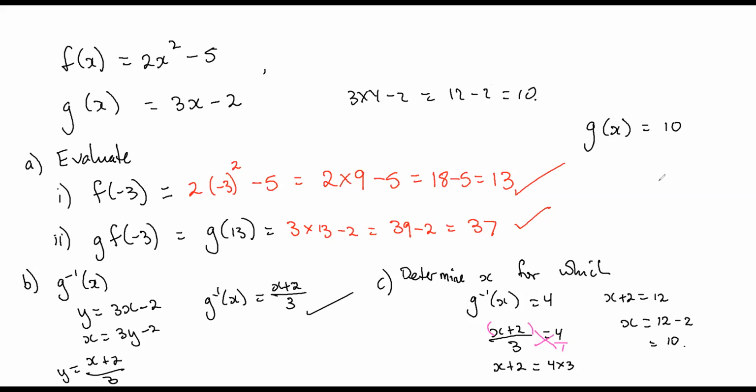I'll have put 10 is equal to 3x minus 2 and then get 12 is equal to 3x and get x is equal to 4. 3 times 4 minus 2.